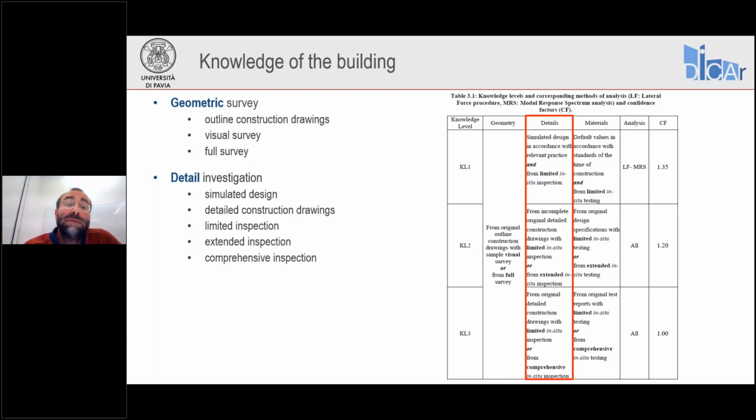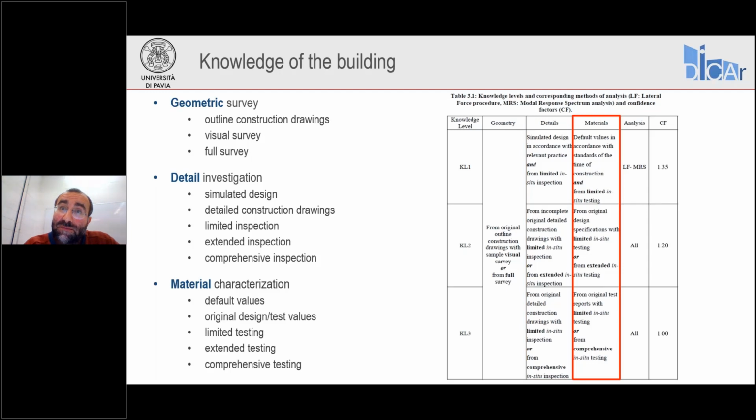But in some cases, we may be able to find some detailed construction drawings where these construction details are shown. In any case, we also have to go on site again and perform some inspections, which can be more or less limited, extended, or comprehensive, depending on what knowledge level we want to reach, and depending also on the available material in terms of construction drawings that we have found.